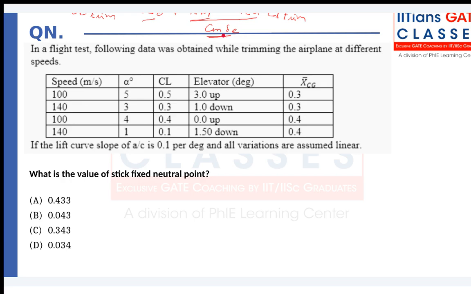You should be able to solve it. The way I did it is I took two sets of data, formed 2 new equations and solved them, but you can use whichever way is convenient. You can apply the same equation to 4 different sets of data, and you need to find x bar np. Try solving it.